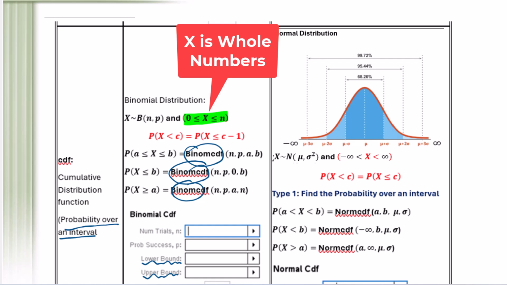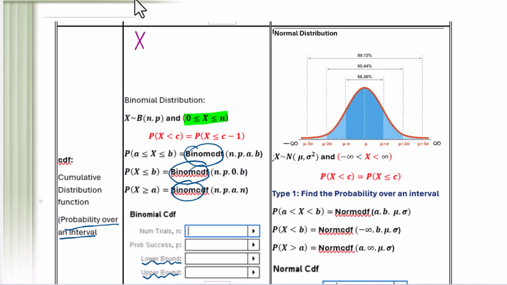For example, we are given x follows binomial distribution with a number of trials of 5, probability of success 0.2. We are looking for the probability of x less than 2. You've got to change this into the probability of x less than or equal to 1.